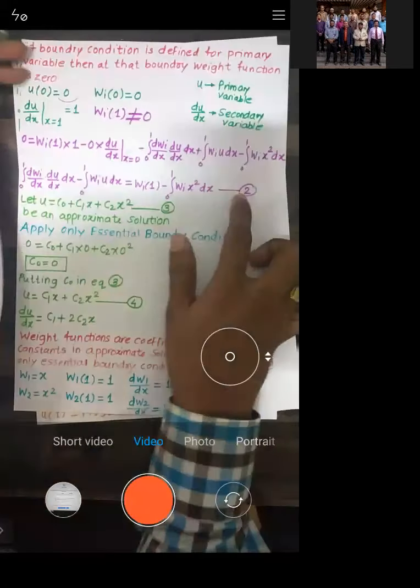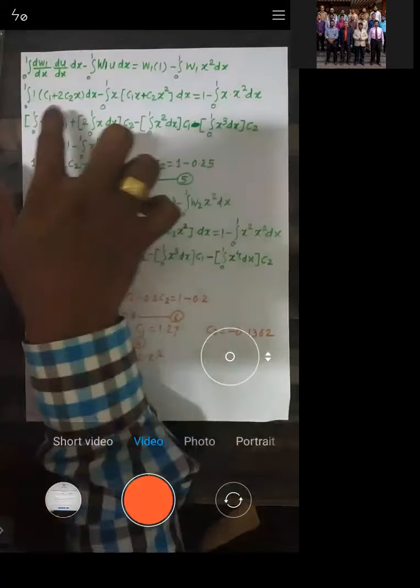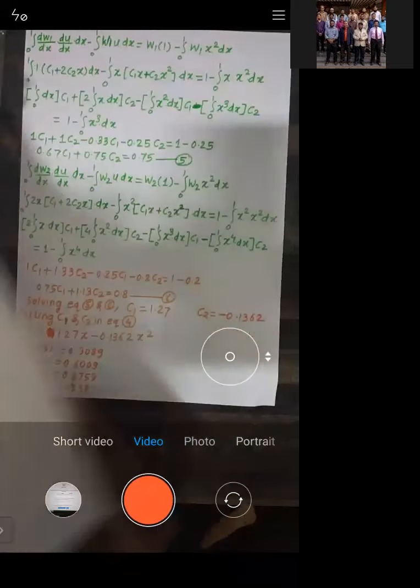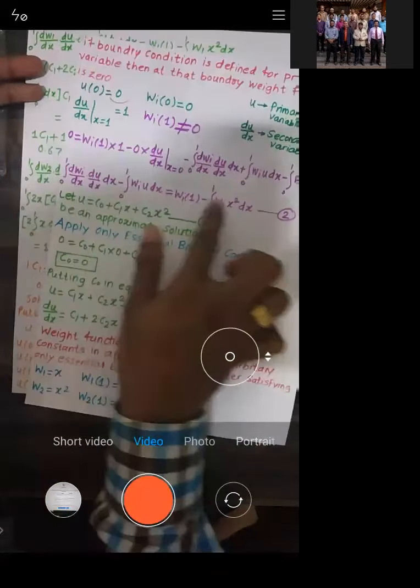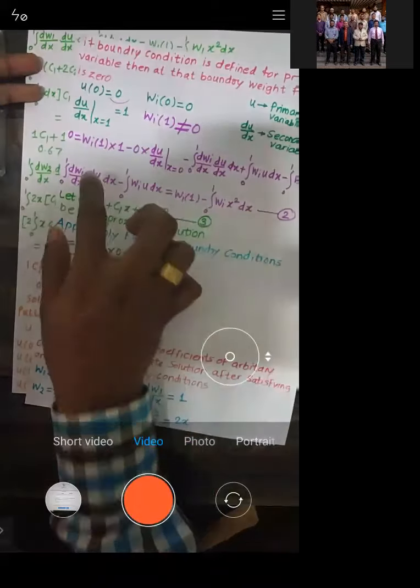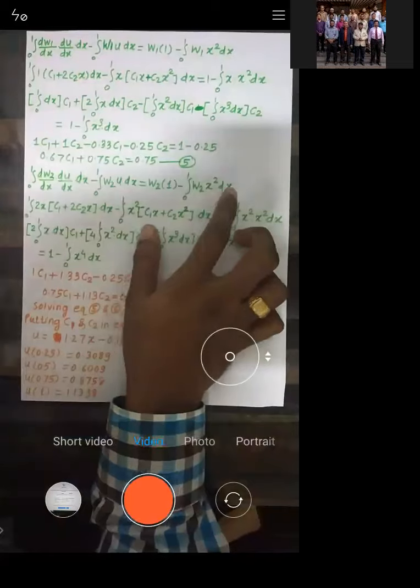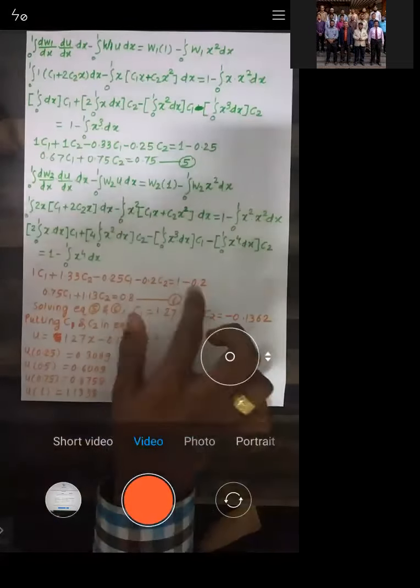Initially I wrote this equation considering the first weight function, put the values, solved the integration, and got equation number 5. Next, I again wrote this equation considering the second weight function, put the values, and got equation number 6.